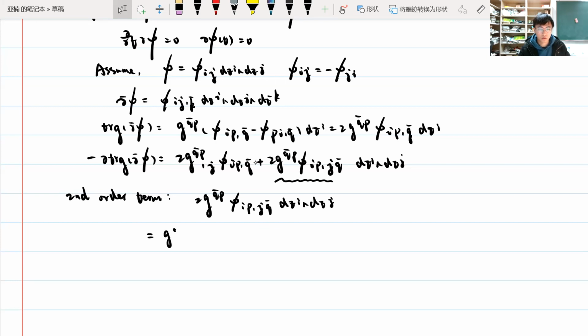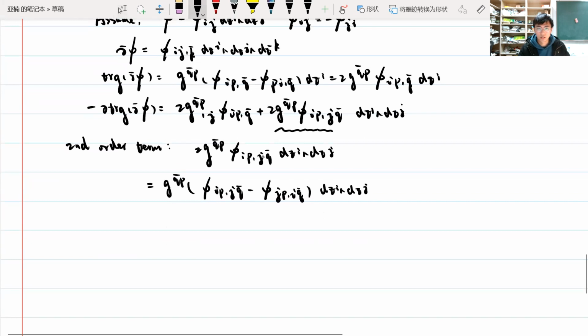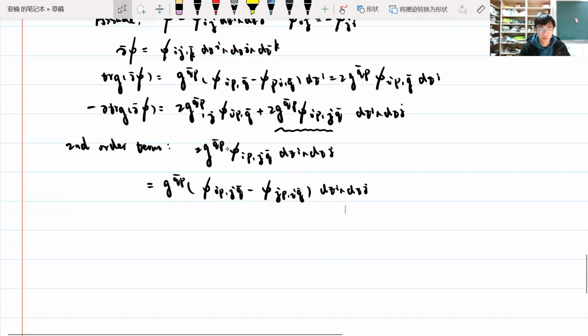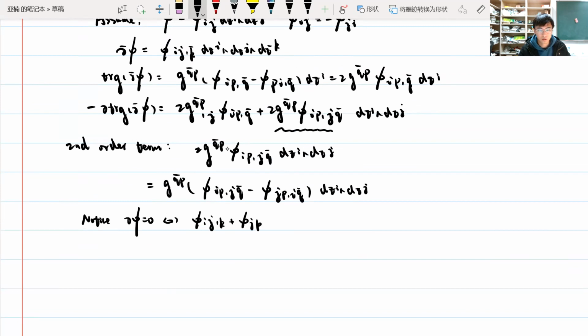It can be rewritten as, so the coefficients are skew symmetric, and note that the solution phi is d-exact. So phi is d-exact gives phi ijk plus phi jki plus phi kij equals zero.